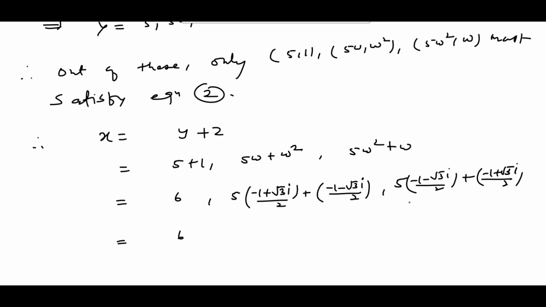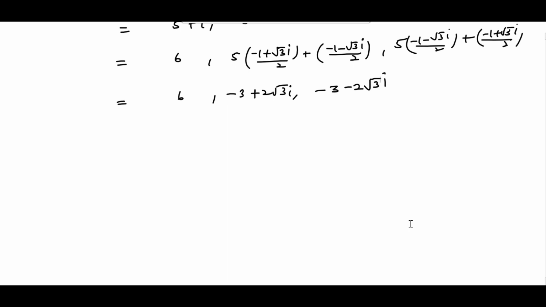It will give 6, that is negative 5 minus 1, that is negative 6, that is negative 3, and here it will be 5 root 3 minus root 3, 4, that is 2 root 3i, and its conjugate will be negative 3 and negative 2 root 3i.